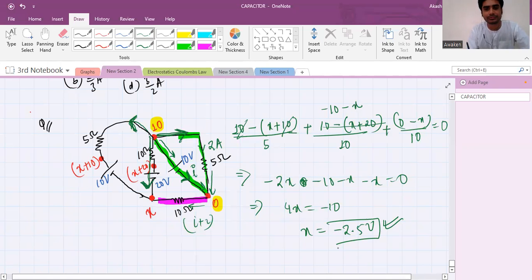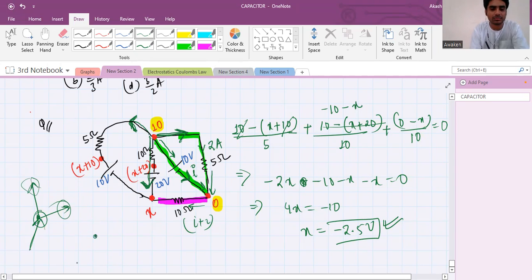Okay. Just one thing. Why did you equate all of these to 0? Because if current comes at a junction, then something can leave also. It can get distributed and leave, right?